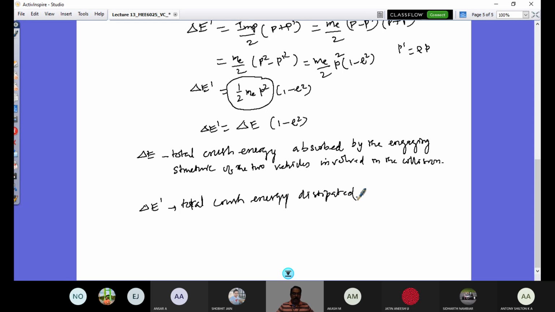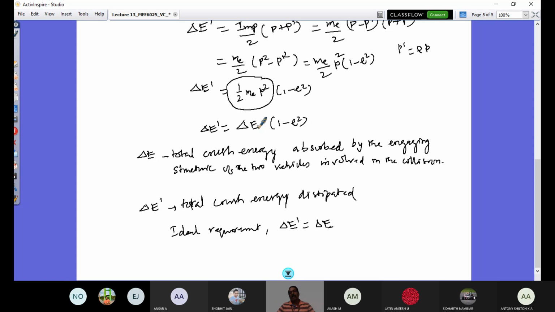So what is the ideal requirement? The ideal requirement is that delta E dash should be the entire delta E. If it is the equivalence of a vehicle colliding with a full frontal rigid barrier, the equivalence is of a vehicle with the same velocity approaching and they hit.